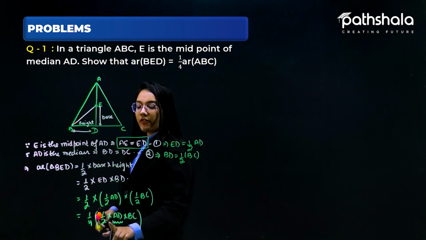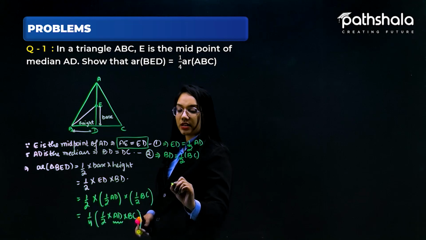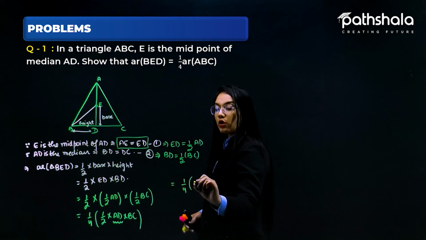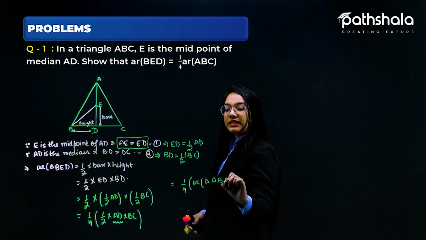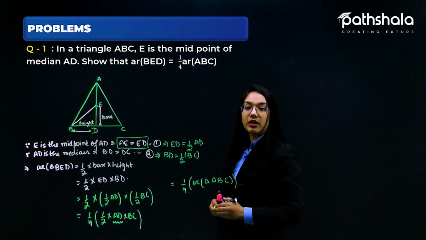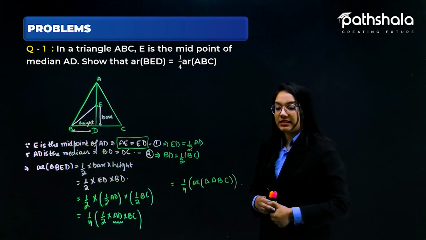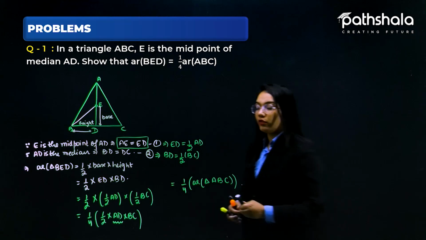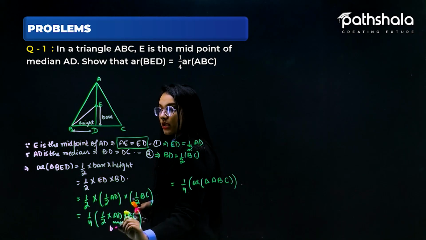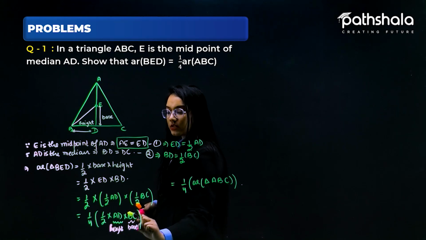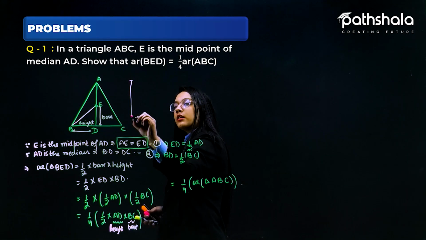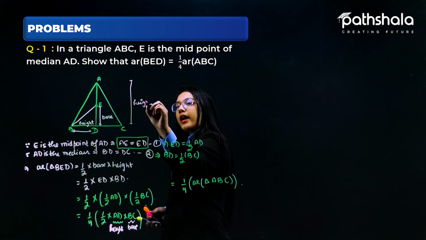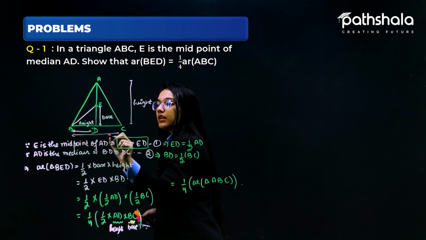So with the half into base into height formula, this is equal to 1/4 of the area of the triangle ABC. This is exactly what we have to prove, because here we are taking this as the height and this as the base. Using this concept we can say that this is equal to the area of the whole triangle, in which we take AD as the height and BC as the base.